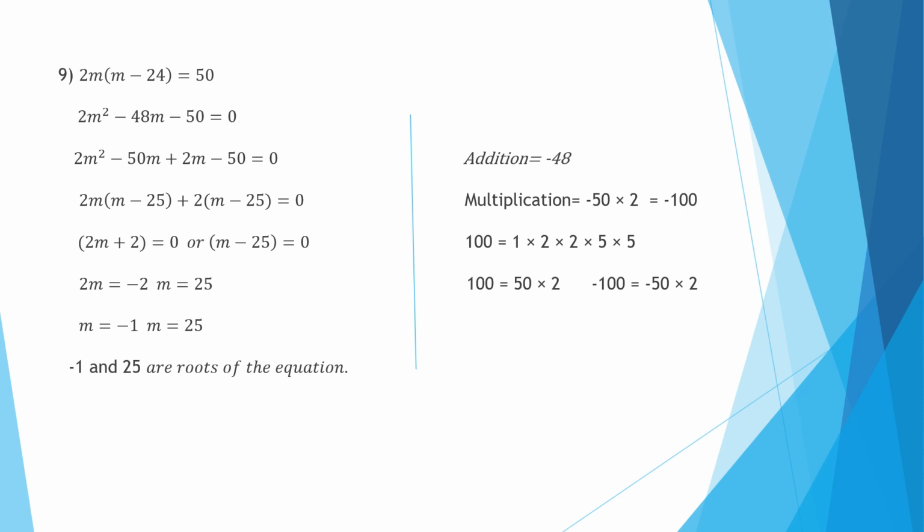Then m is equal to minus 2 by 2, which is minus 1, and m is equal to 25. So the roots of the equation are minus 1 and 25.